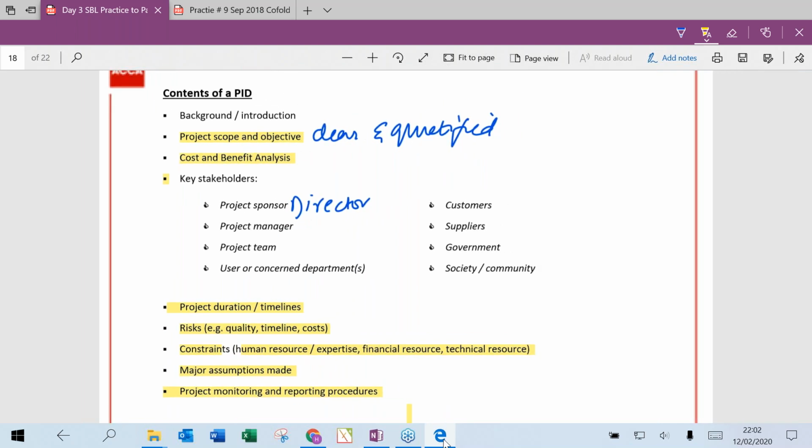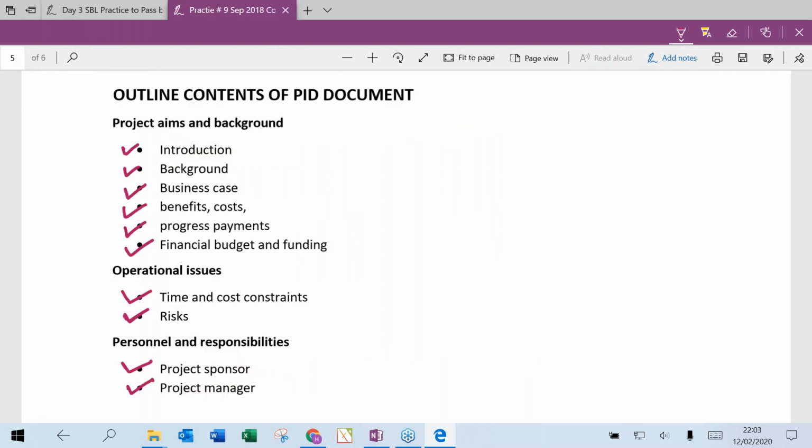So I remember background and introduction. Did he cover background and introduction? Yes, I think he covered the background and introduction. And project scope and objective. I did not see this word, scope and objective.